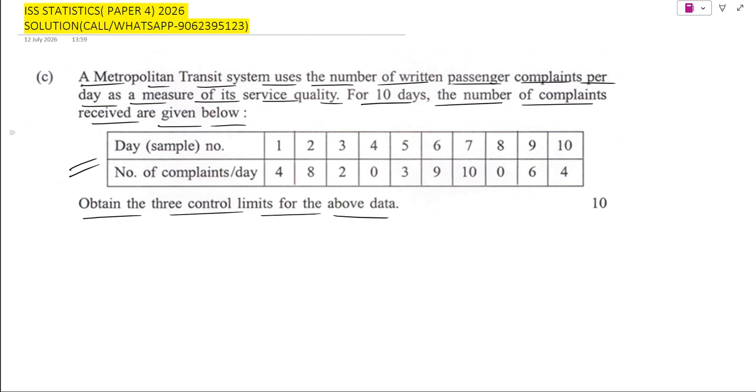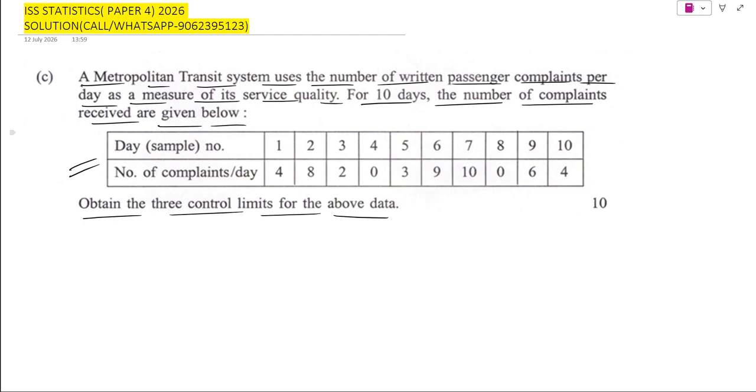Now, before using any formula, always identify the type of data. Ask yourself, are we counting measurements or counting occurrences? Here we are counting the number of complaints, and complaints are count data. So therefore we use the C chart. Remember this shortcut for the examination. Measurements like length, weight, diameter will be the variable control charts.